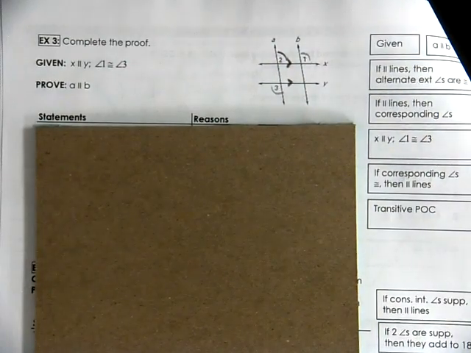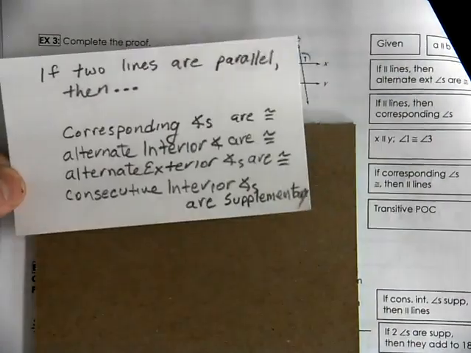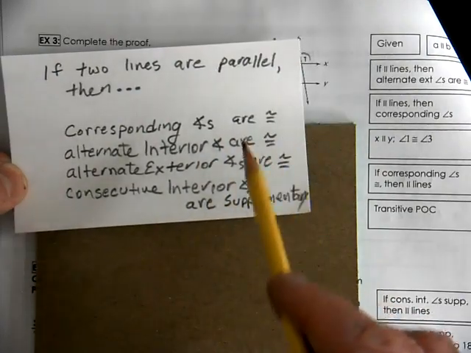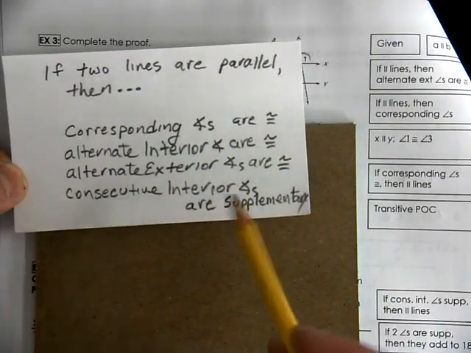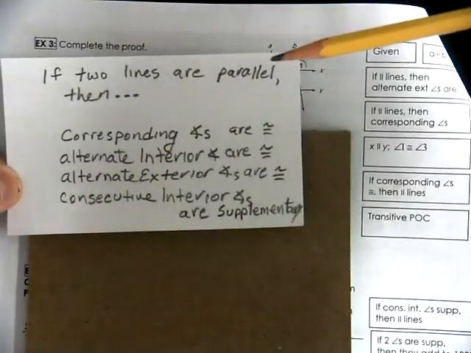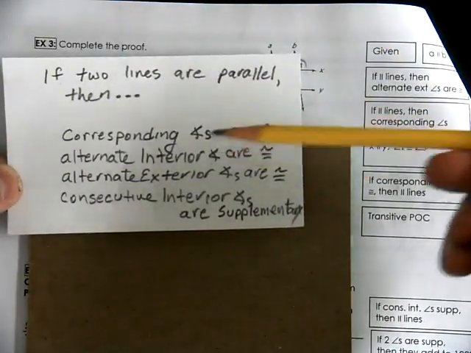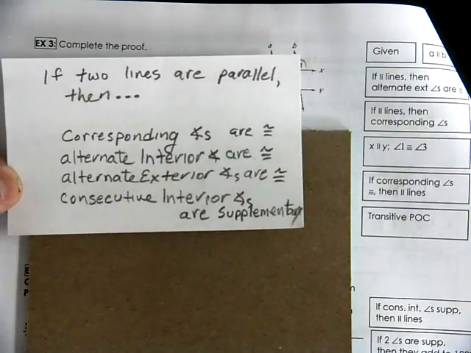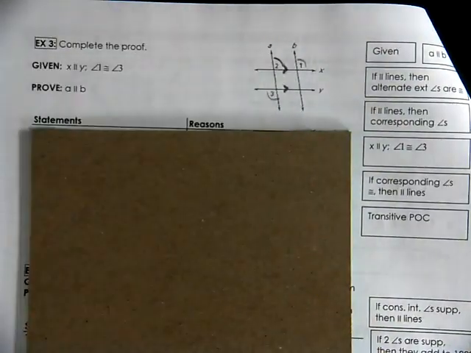That's it. That is one of the 4 types of angles that we need to show are either congruent or supplementary, and that will make lines parallel. Or if you have lines parallel, then those types of angles are congruent or supplementary.